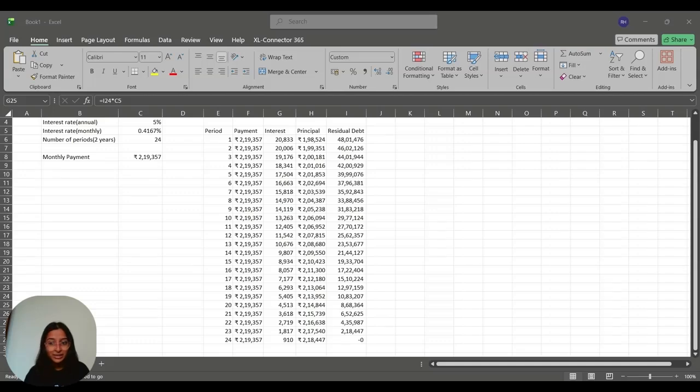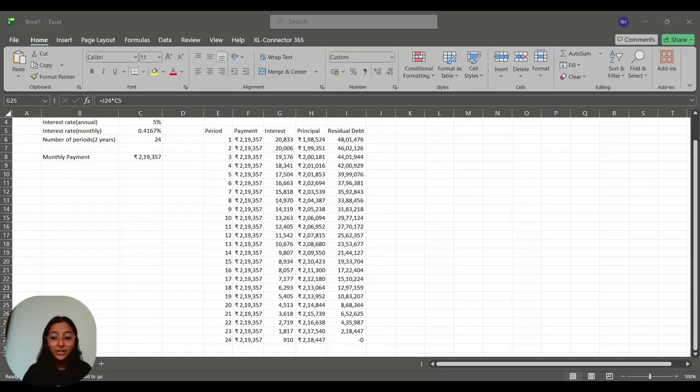And the second point is that a lower tenure saves more interest. If you compare a 24-month loan with a 36-month loan, you will notice the total interest paid increases significantly because the outstanding balance stays high for longer.